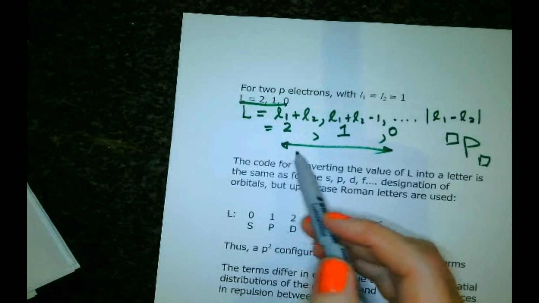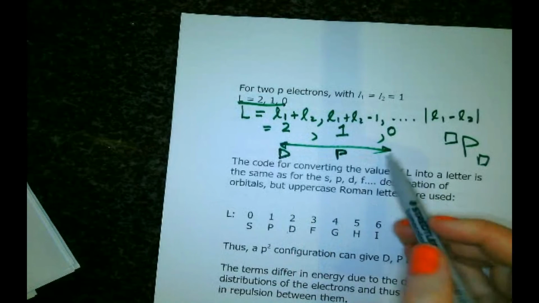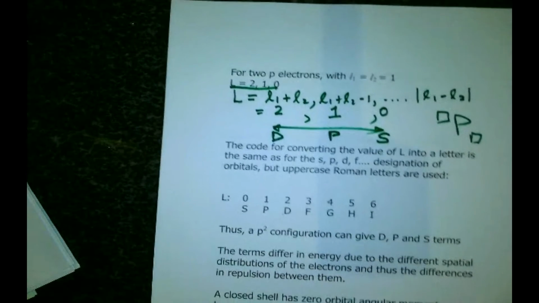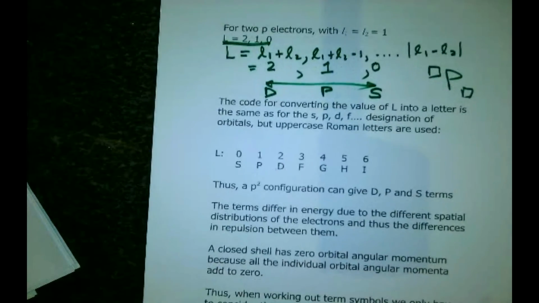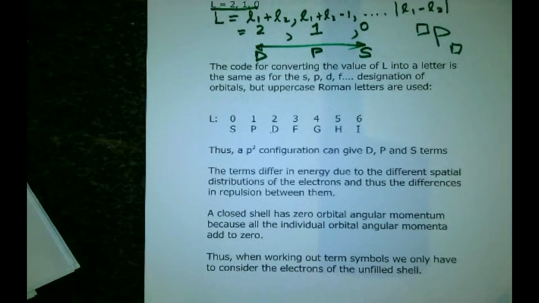So for a 2, that would mean a D term. For a 1, it would be a P term. And for a 0, it would be an S term.